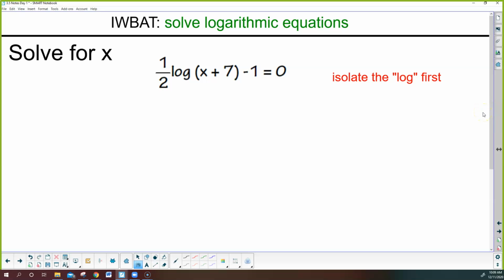Now, one thing to think of is anything that's being added or subtracted has to move over first. This is the reverse of PEMDAS, right? Some people like to draw the line here. You don't need to show this work to start, but I want to move the 1 over first.